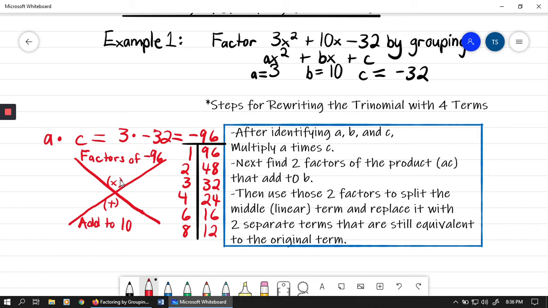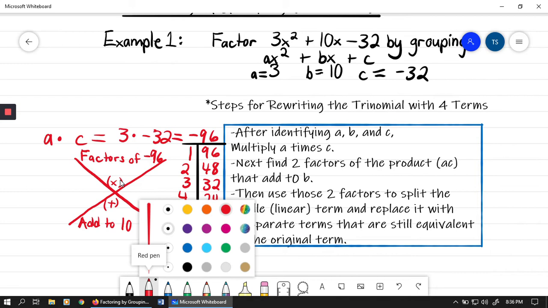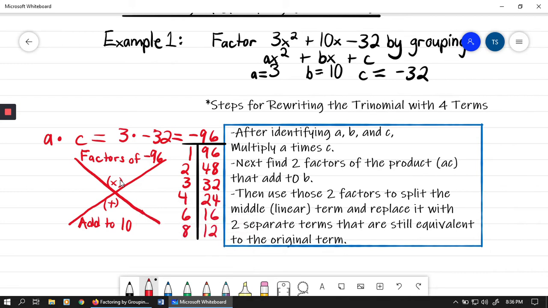The difference between 4 and 24 is 20. The difference between 6 and 16 is 10. So we know that it's going to be this pair, 6 and 16. We need to choose which one of those numbers will have to be negative in order for it to add to give you positive 10. All of us should already know that the 6 will have to be negative there.